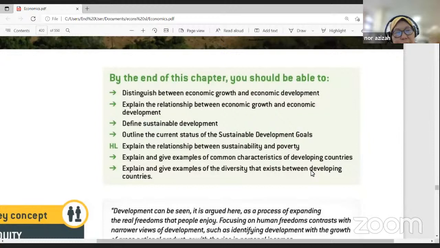Most of the time, your paper 2 is this one. It could be exchange rates, balance of payments, protectionism. But the difference with your paper 2 now is that it has a longer essay question, about 50 marks.